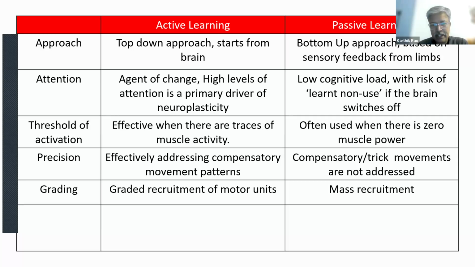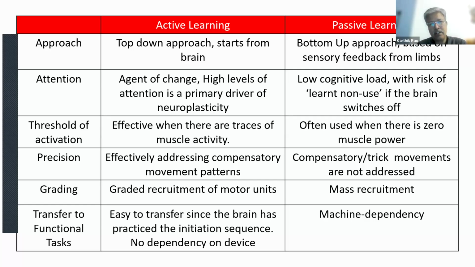And when we talk about grading of motor units, we know that we don't apply the same amount of force for everything. If I'm picking up a ceramic cup versus a plastic or disposable cup, I'm not going to use the same amount of force. And this can happen only with an active learning module. Whereas if it is completely passive, it's always a mass recruitment of motor units, and therefore grading is not possible.